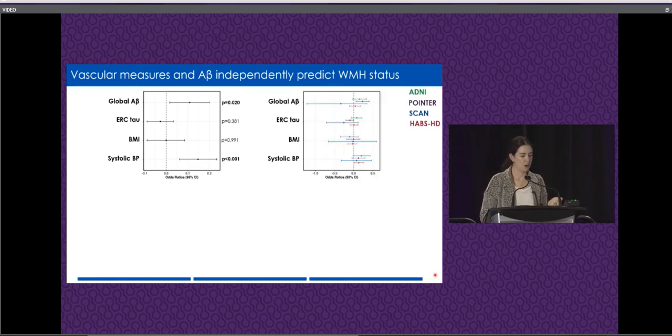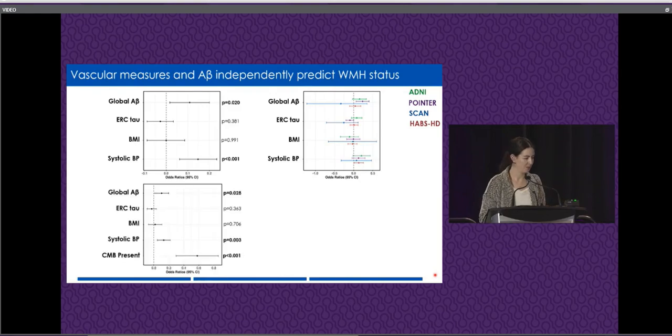And when we look at the 4 cohorts of the same model individually, you can see there's quite a bit of variability as to whether or not these predictors are significant. So I think having these 2 plots side by side really demonstrates the power of harmonizing and pooling data to try to get at the heart of these associations, especially when the effect sizes are small.